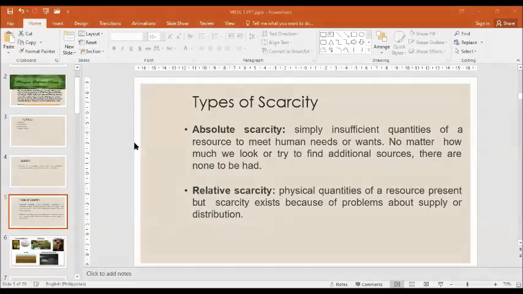Again, the types of scarcity are absolute and relative scarcity. When we say relative, there may be physical quantities of the resources present, but scarcity exists because of the problem about the supply and distribution. So the problem is not the totality.